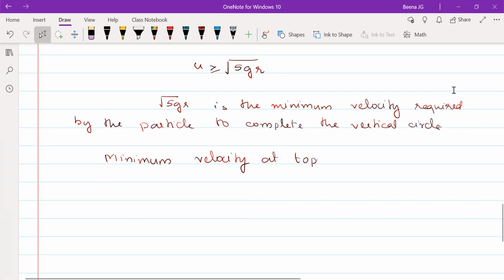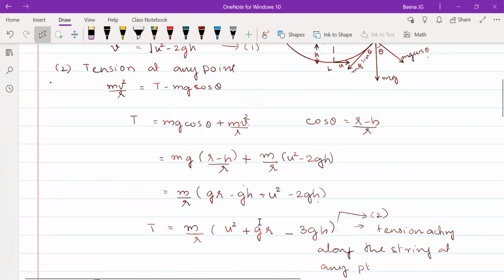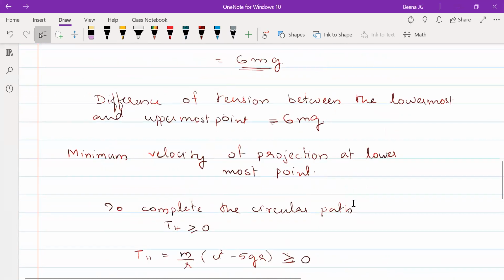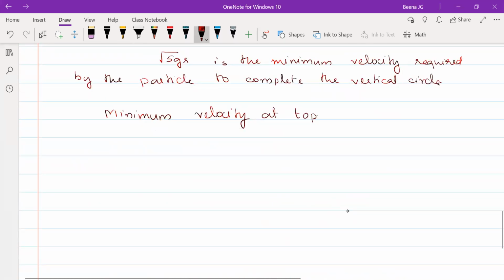Here, when it goes from bottom to the top, at the bottom it has only kinetic energy, and as it goes up, it moves to a height equal to 2r. At that point, it will have kinetic energy as well as potential energy. So at that point, we can consider half mv square plus mgh, where h will be equal to 2r.